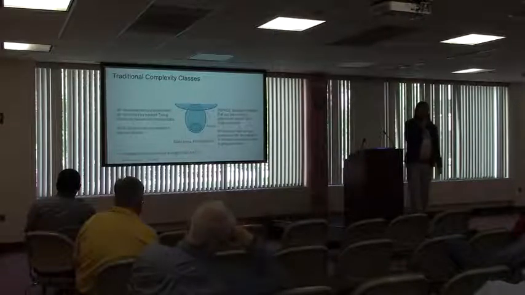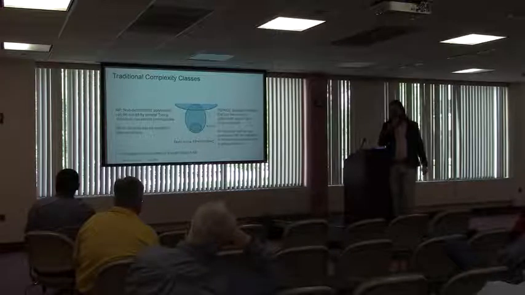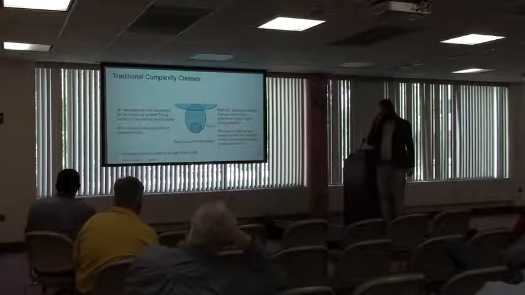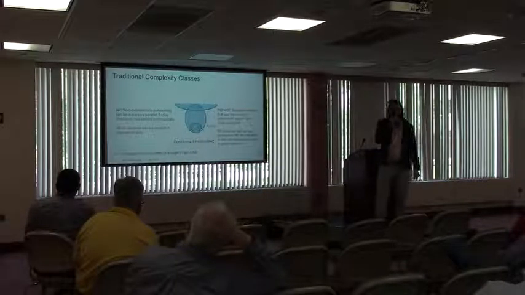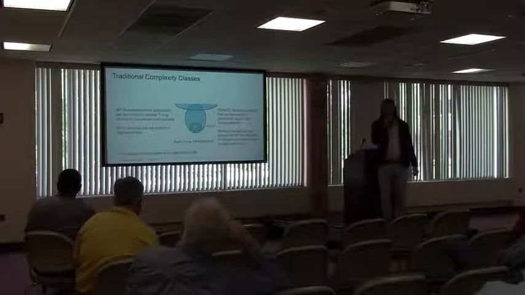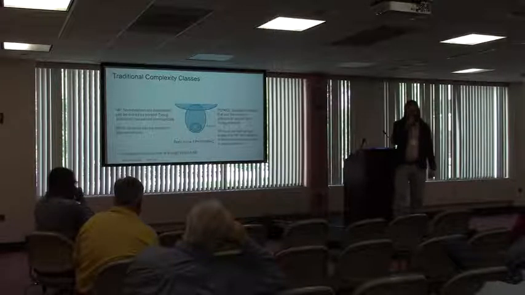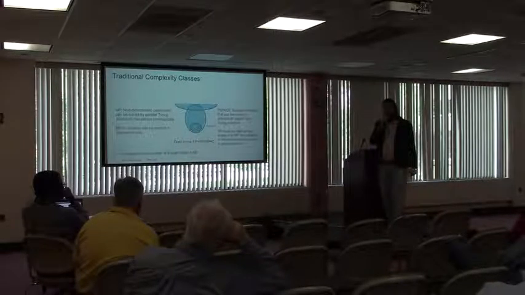The reason I introduced it is that computer scientists also deal with complexity classes. There are a few well-known complexity classes in computer science, P and NP. P is, for example, the type of problems that you can solve in polynomial time. This is like the ideal type of problem that you would want to target.